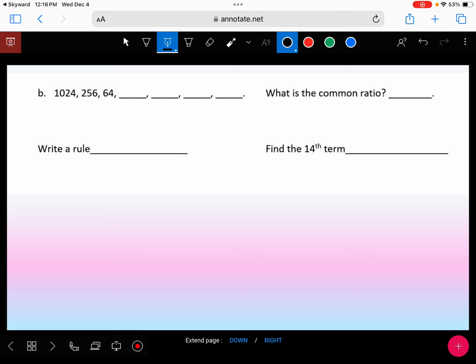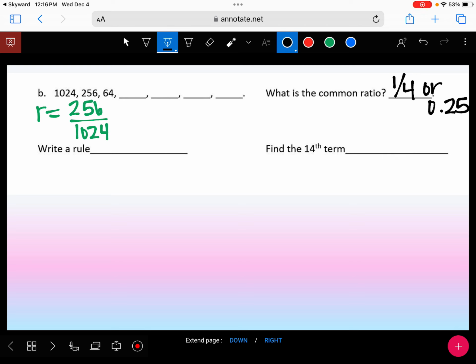I don't have a preference. If you're not sure, take the second number divided by the first number. So I think this time you get 1/4 or 0.25. Who got that? Again, I have no preference. You can write that as a fraction or you can write it as a decimal.